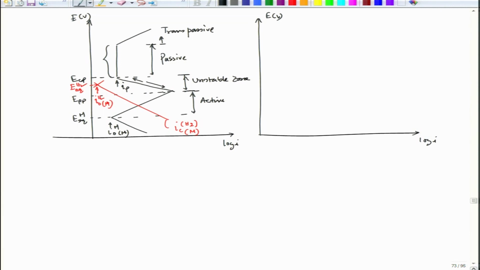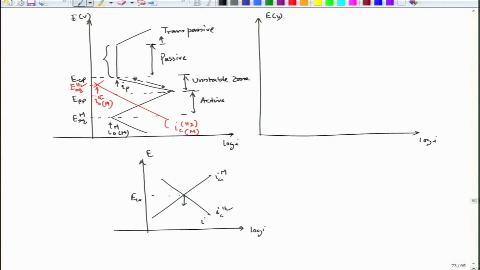Now, as we have understood last time when we talked about how we get the experimental plot, let us say this is log I and this is potential, we have these two lines intersecting. This is IC hydrogen, this is IA of metal. In this case E corr is this one, and here it is E corr.